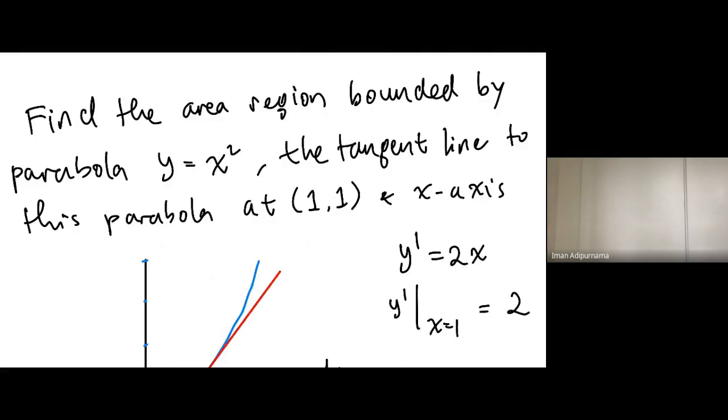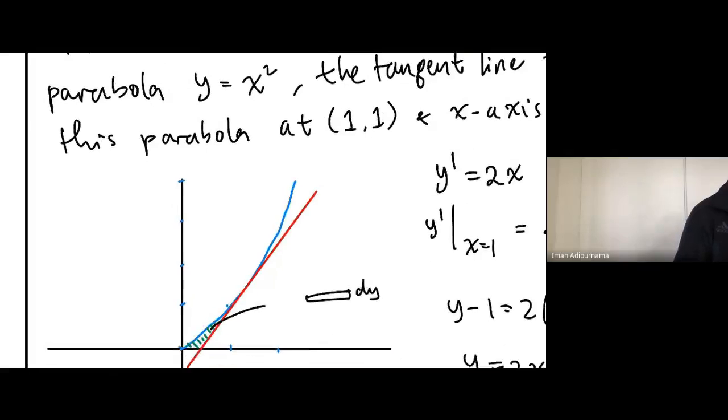So the tangent line, the problem is from the derivative, right? Just find the first derivative and find the value. What is the value of the tangent? So first derivative and then put in x equal 1. So the y prime is 2, so the gradient is 2. Okay? The slope is 2. And then you can check the drawing.